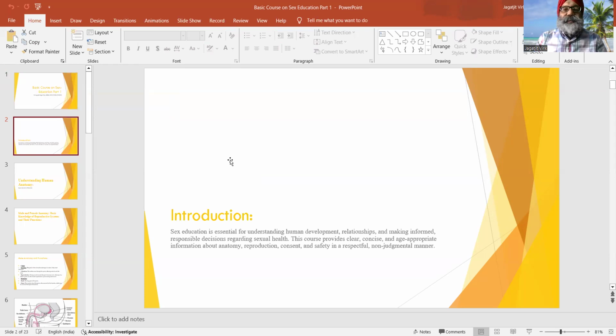This course provides clear, concise, and age-appropriate information about anatomy, reproduction, consent, and safety in a respectful, non-judgmental manner.